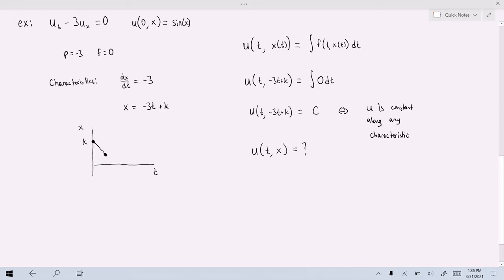So let's imagine in my picture, I have a particular point t, x, okay, in the plane. And then here I have this characteristic which passes through that particular point. Okay. So the equation of the characteristic is x minus 3t equals k.